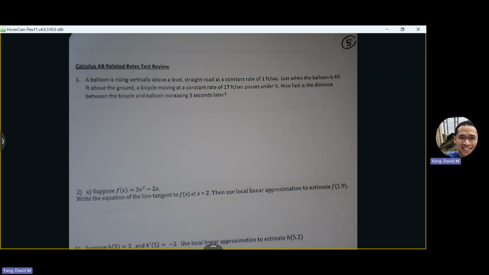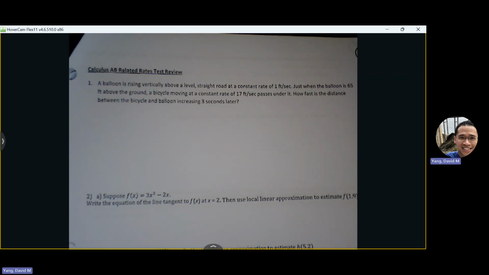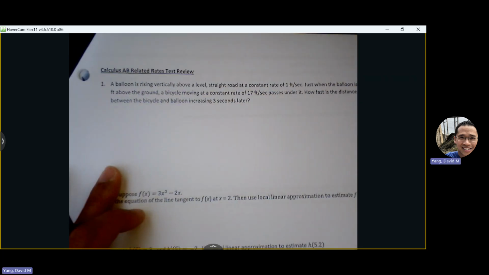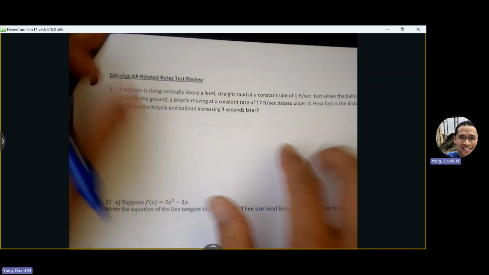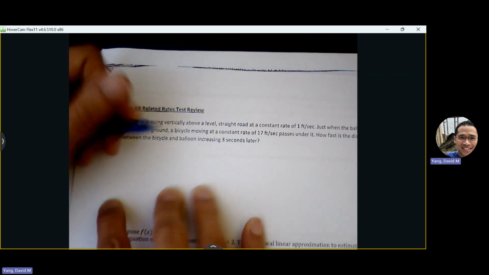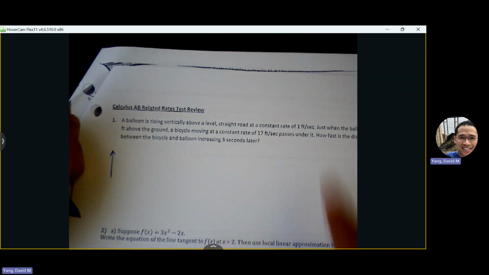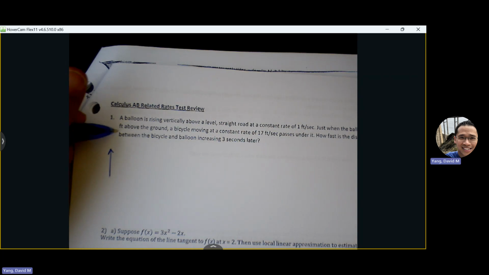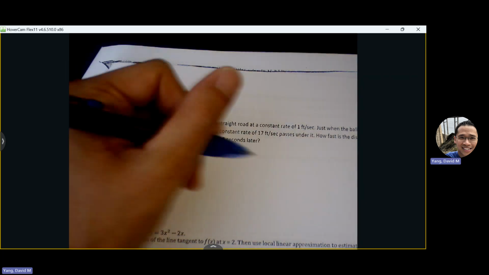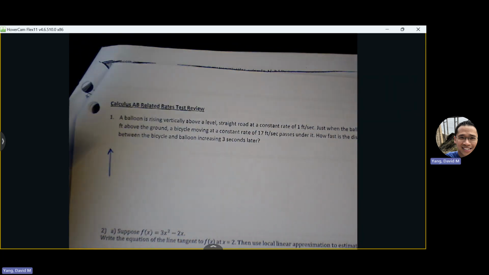Okay, so a balloon is rising vertically above a level straight road at a constant rate of 1 feet per second. So we have the balloon rising. And when it is 65 feet above ground, a bicycle moving at a constant rate of 17 feet per second passes under it.